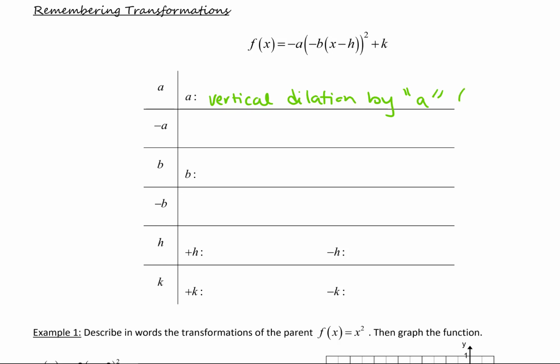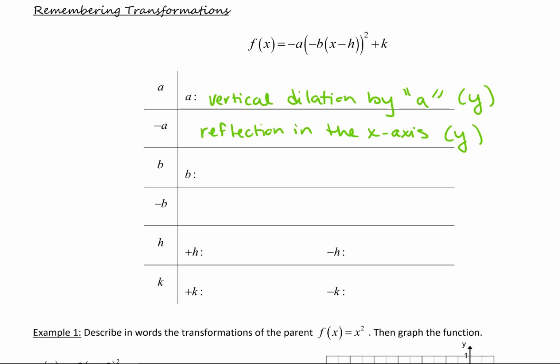And it changes our y values. If there is a negative in front of the a, then we call that a reflection in the x-axis. And if there's a reflection in the x-axis, that also changes our y values.